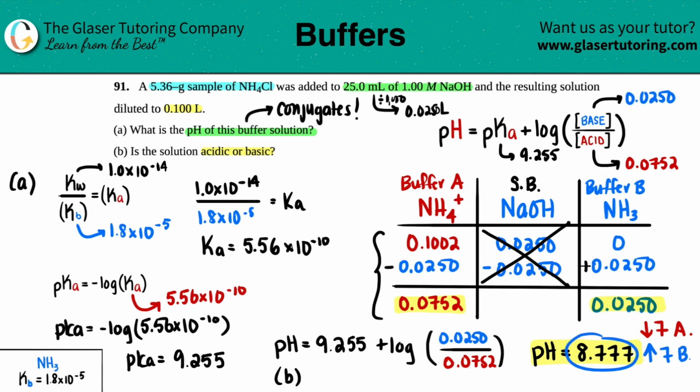So in this case, since we're a little bit above 7, we're 8.77, this solution would have to be basic. And that's the answer for B. I wish they were all that quick, right? Crazy. So we did A and B.